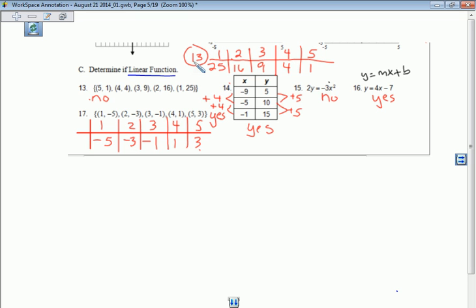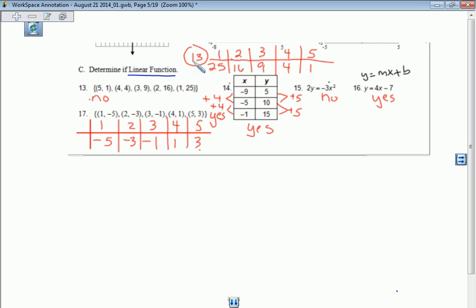Now you also learned y equals mx plus b form. Is x ever raised to a higher power than 1 if it's linear? No. So on this one, right off the bat, you saw x squared and went, not a line. No. And this one's completely in the right form, number 16 is. So it works.